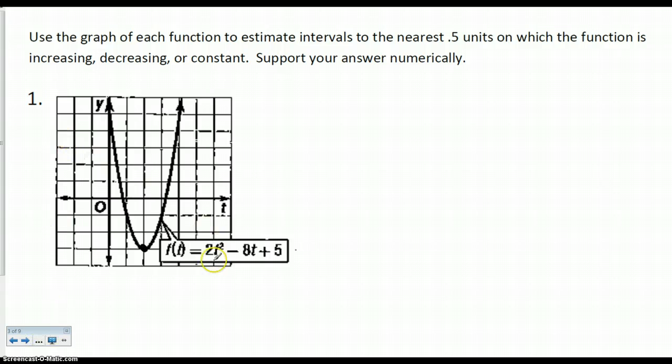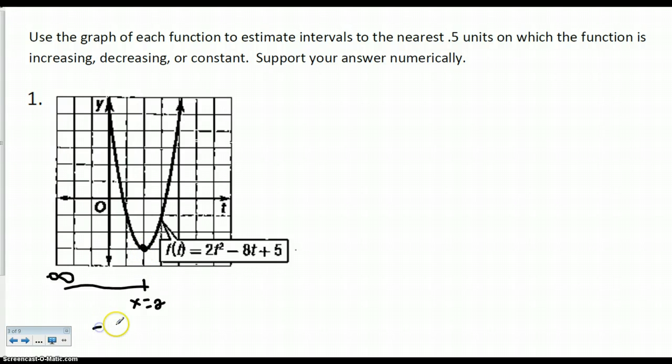So I'm looking at this graph, f of t equals 2t squared minus 8t plus 5. I'm looking from negative infinity all the way to about this point where x equals 2. It looks like the y values are getting smaller.